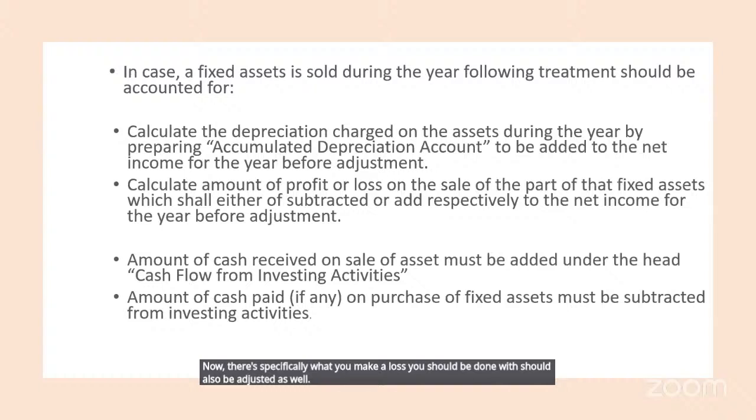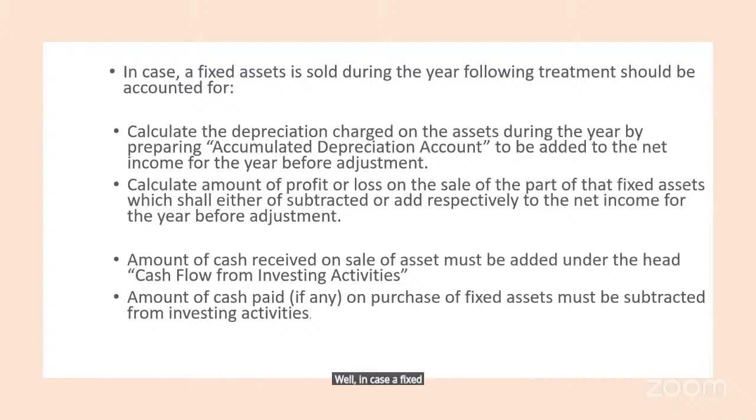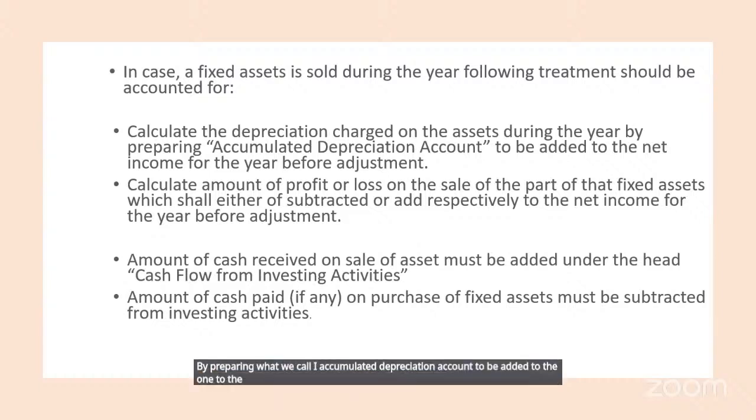Now, in case a fixed asset is sold during the year, the following treatment should be accounted for. First of all, calculate the depreciation charge on the asset during the year by preparing what we call the accumulated depreciation account, to be added to the net income for the year before adjustment.